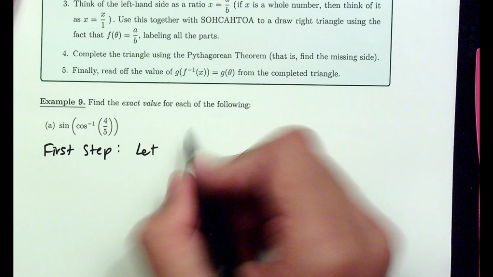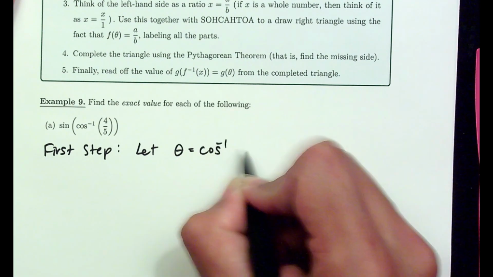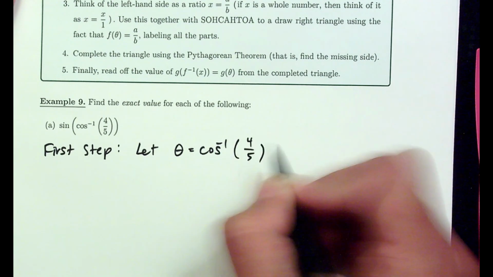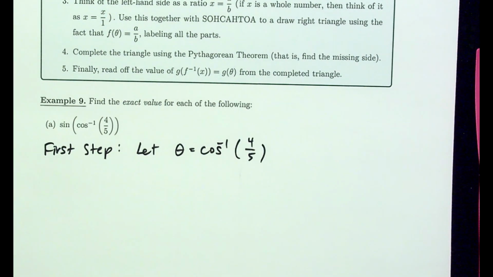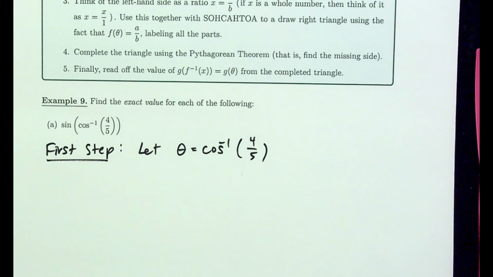You're going to let theta equals cosine inverse. We use theta because, again, cosine inverse spits out an angle. So theta is the appropriate name, a Greek letter. Okay, so give a name to the inside. That is the first step, done.